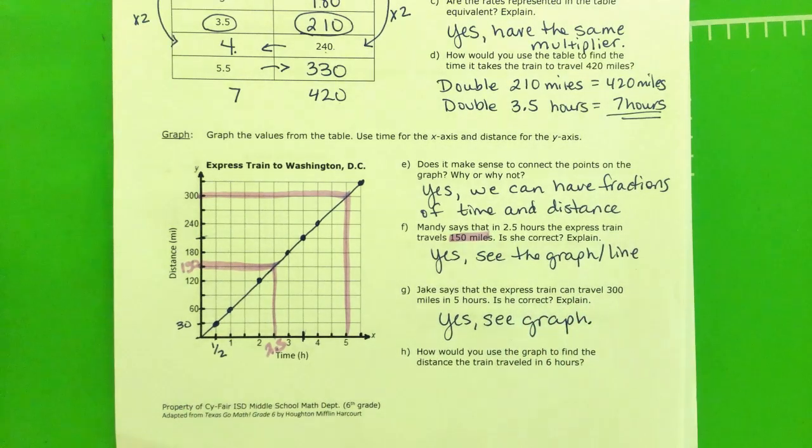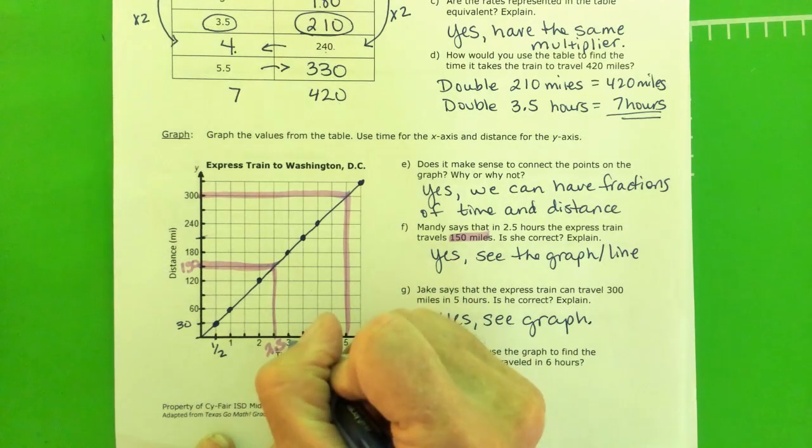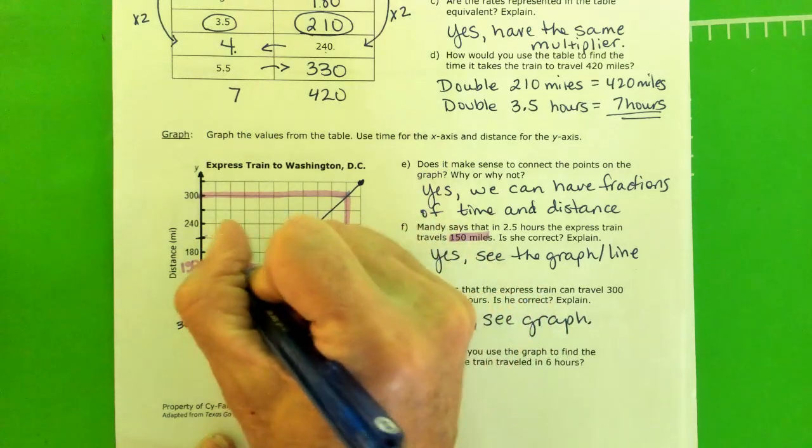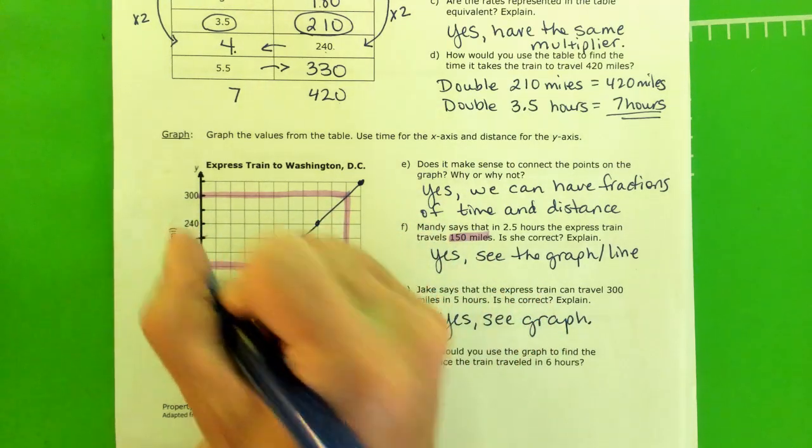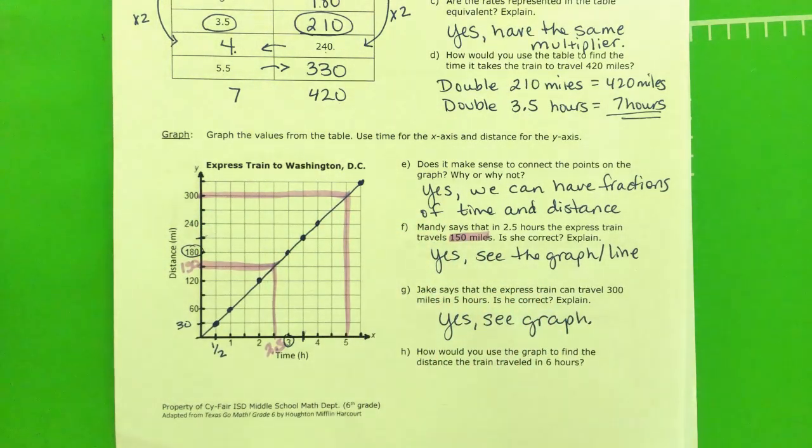Okay. How would you use the graph to find the distance a train travels in 6 hours? Well, that's easy. I would just take 3 hours, which is 180 miles, and I would double it. 180 doubled is 360.